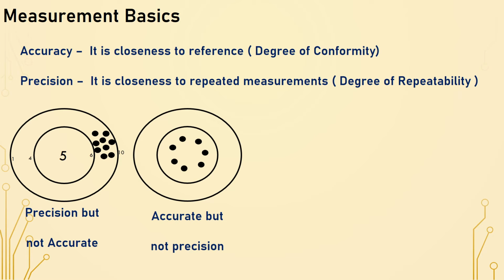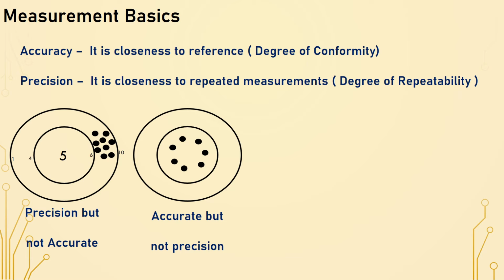Coming to the second image, you can see the readings are equally distant and very near to the standard value. But the distance between individual readings is differing, and they are spread away from each other.